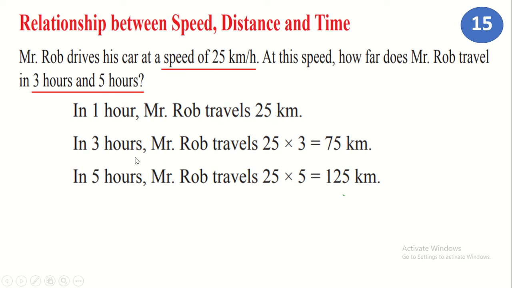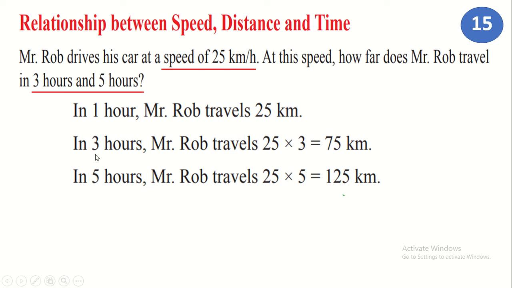In 3 hours, Mr. Rob travels 25 times 3. This one is per hour, this is only 1 hour, the same as the example of 1 minute and 1 hour.